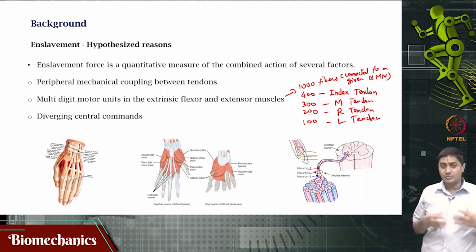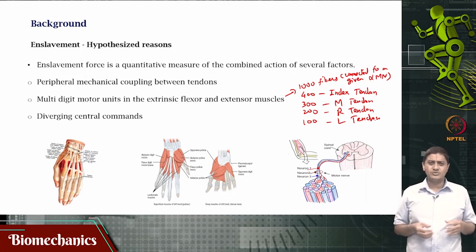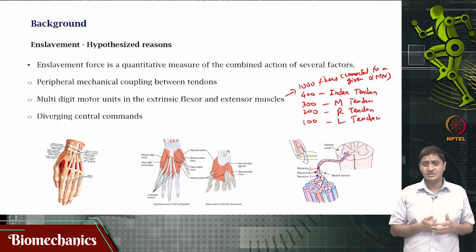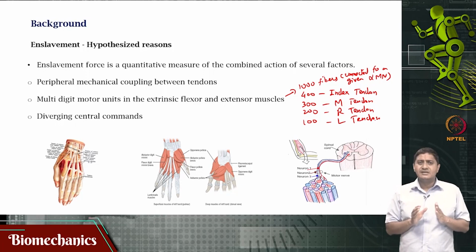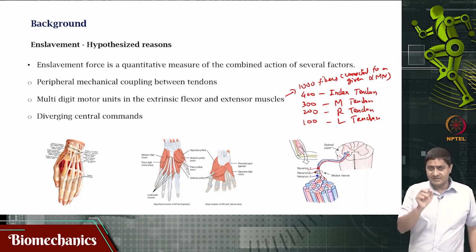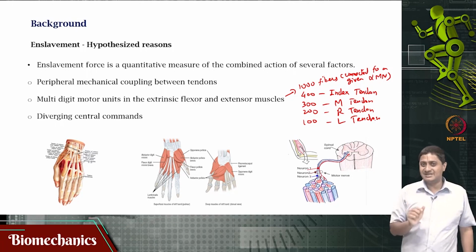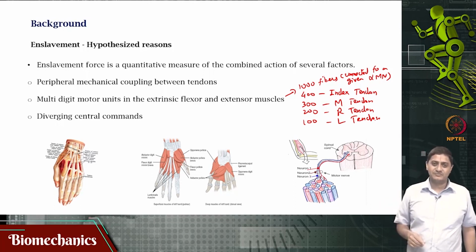Also remember that corticomotor neurons are those neurons that have a monosynaptic connection with the alpha motor neurons that supply the hand and fingers, something that is discussed in much greater detail in my other courses. The point is that if a particular region of the brain corresponding to the fingers is activated, then many different neurons that supply many different fingers will get activated.